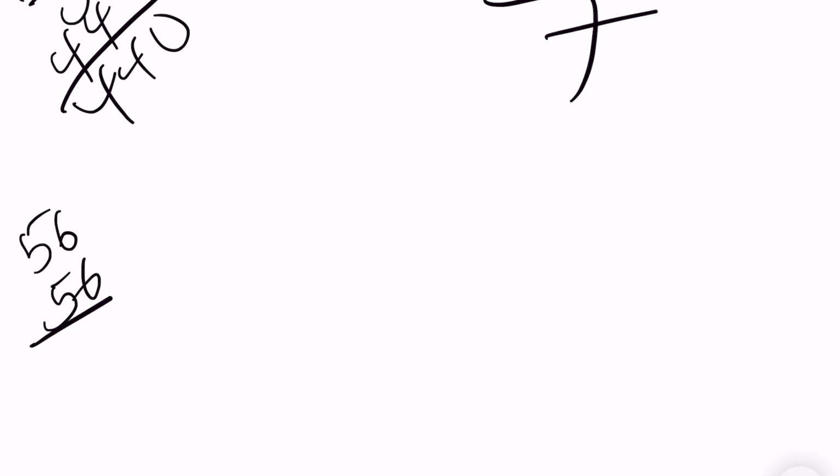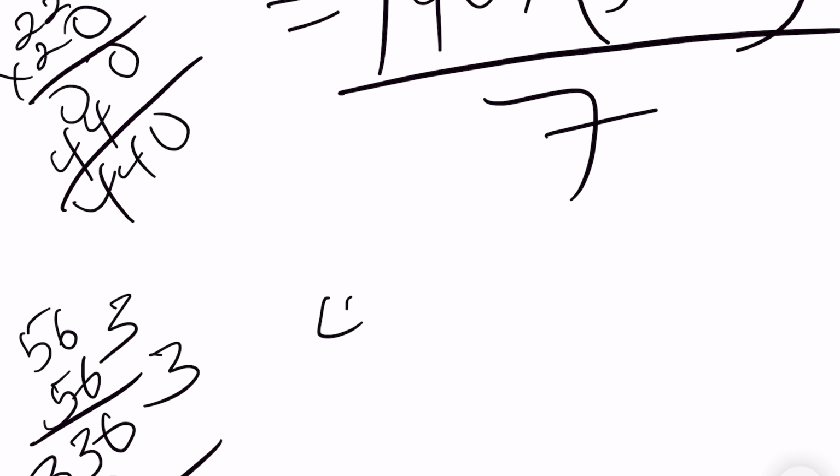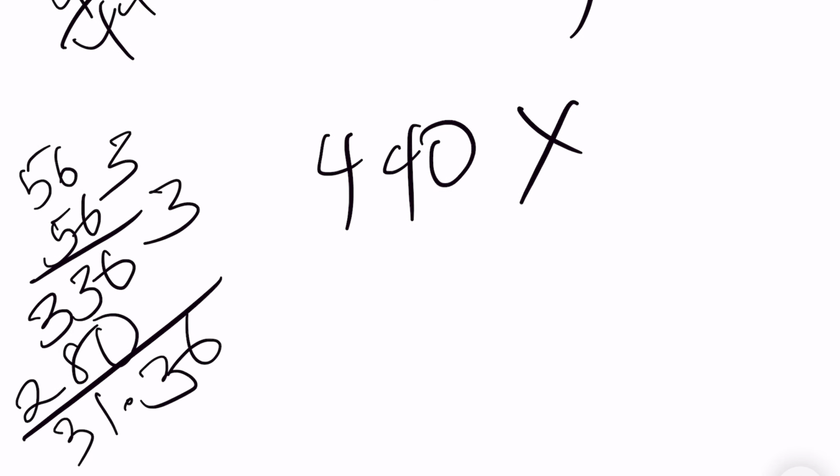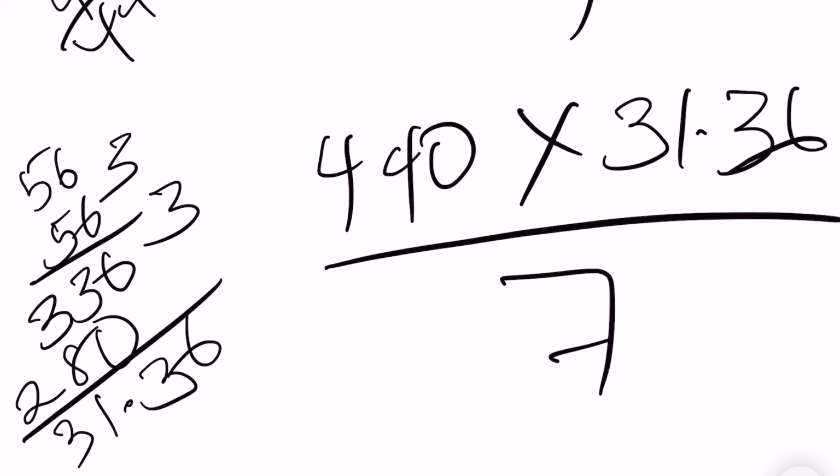So when we have 5.6, we remove our points first: 56 times 56, which gives us 3136, so 31.36. So we have it to be 440 times 31.36 over 7.